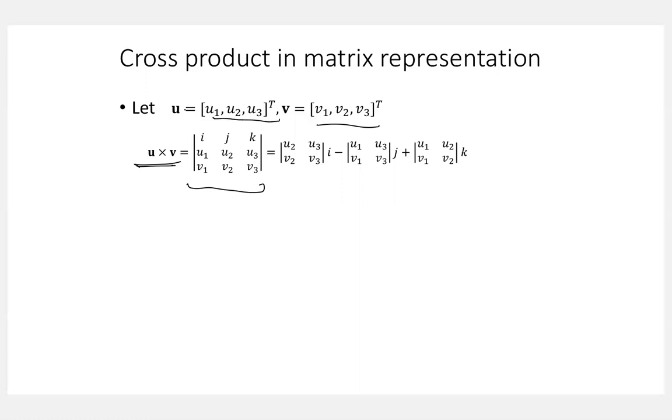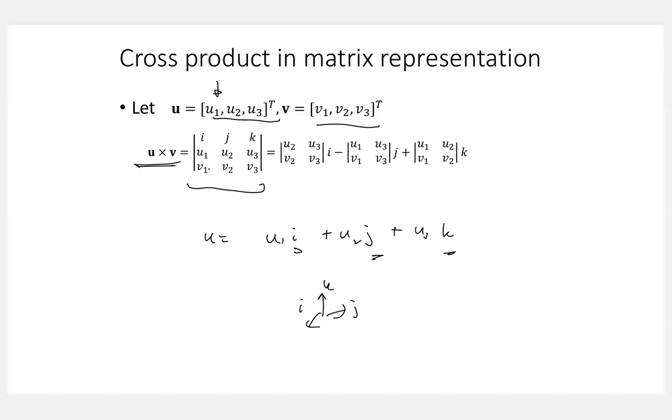You can represent 3D coordinates with a vector like this, but I can also represent U as U1 times I plus U2 times J plus U3 times K. These I, J, K are unit vectors, orthogonal to one another.